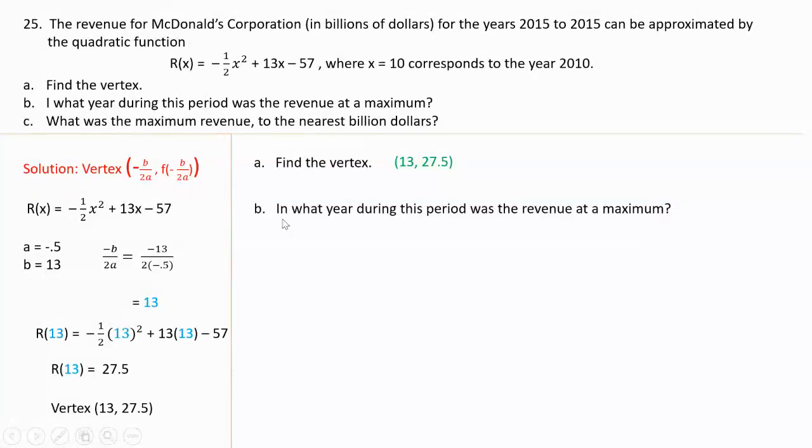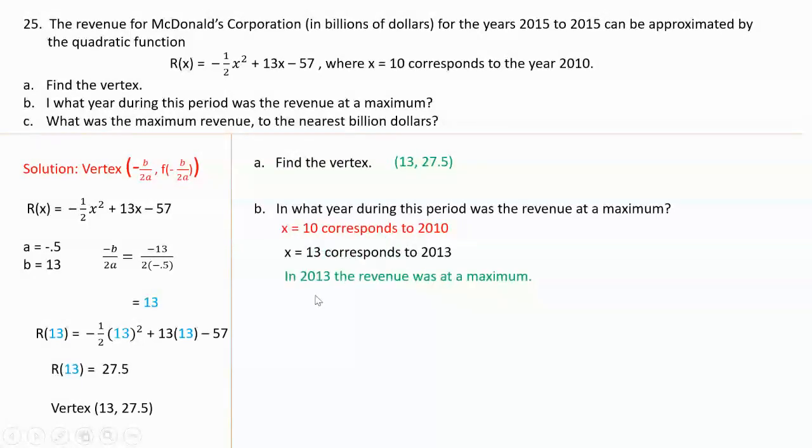So now, once we found the vertex, we can find parts B and C. For part B, it says in what year during this period was the revenue at a maximum? If x equals 10 corresponds to the year 2010, then x equals 13 should correspond to the year 2013. So the answer will be 2013. Now for part C, in 2013 the revenue was at a maximum.